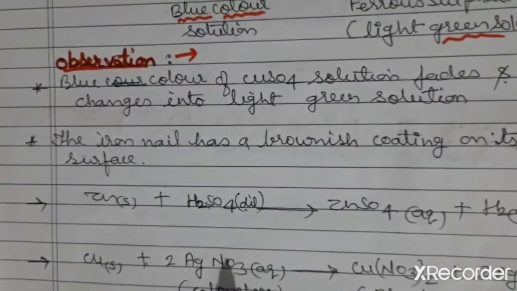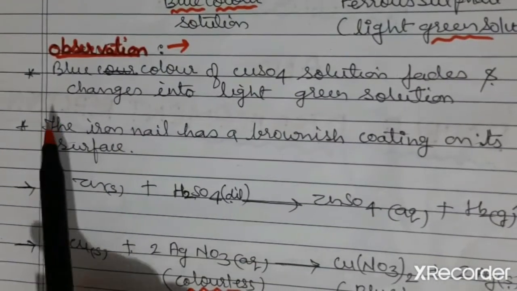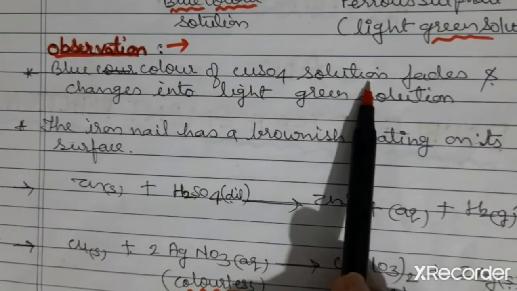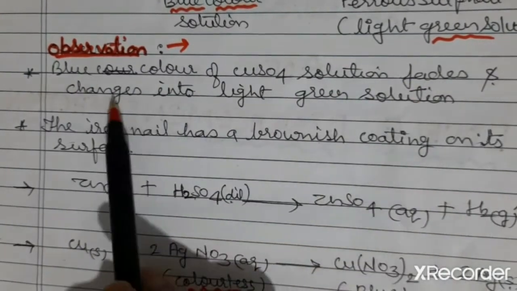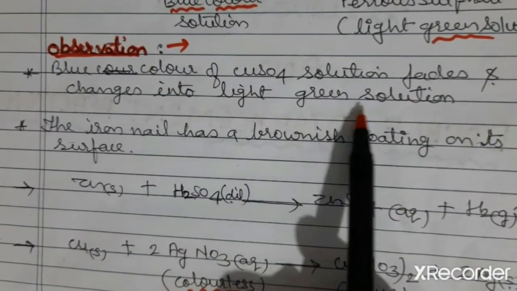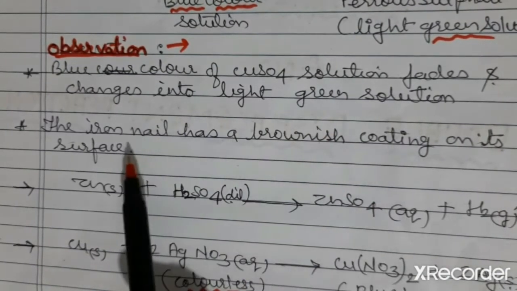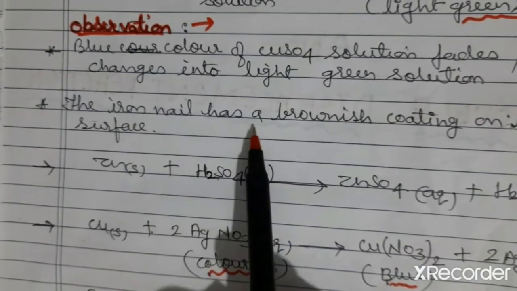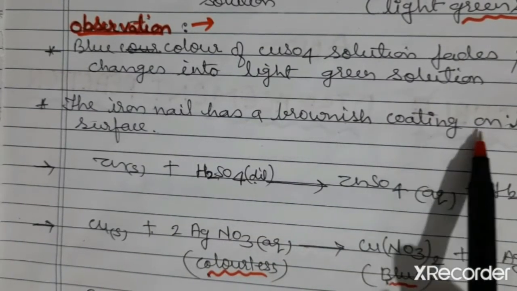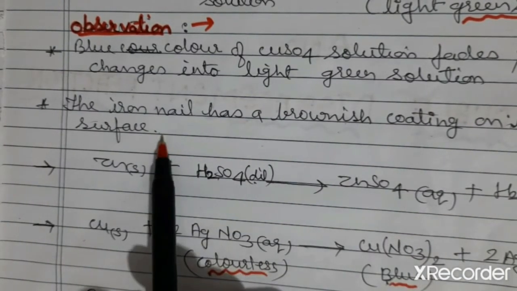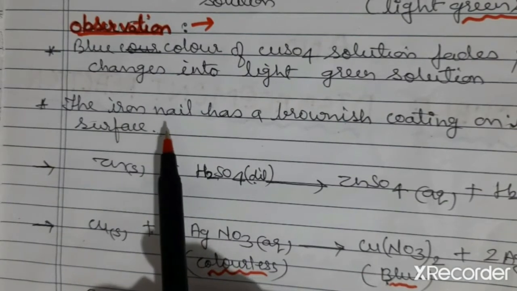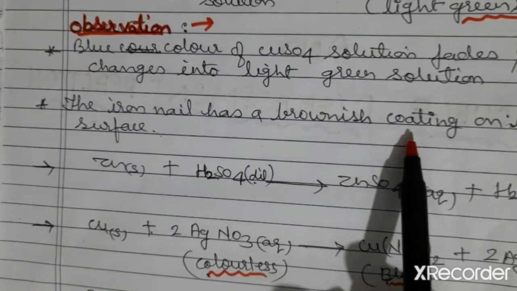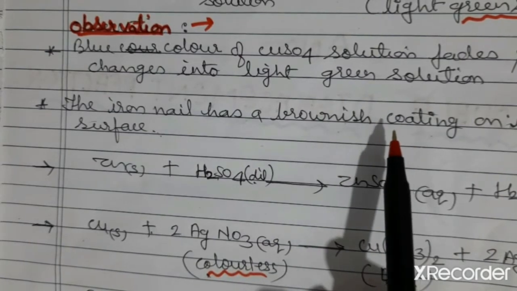These are the observations of this reaction. What you will observe? You will observe that blue color of copper sulfate solution fades and changes into light green solution. Second observation is the iron nail has a brownish coating on its surface. If you keep the iron filings, a reddish brown deposition you will clearly observe in this reaction.